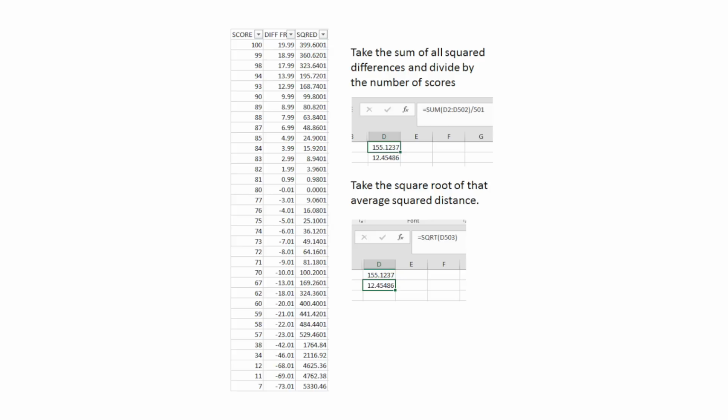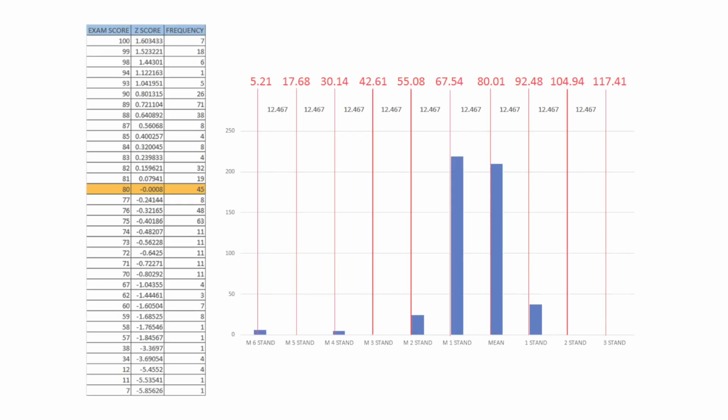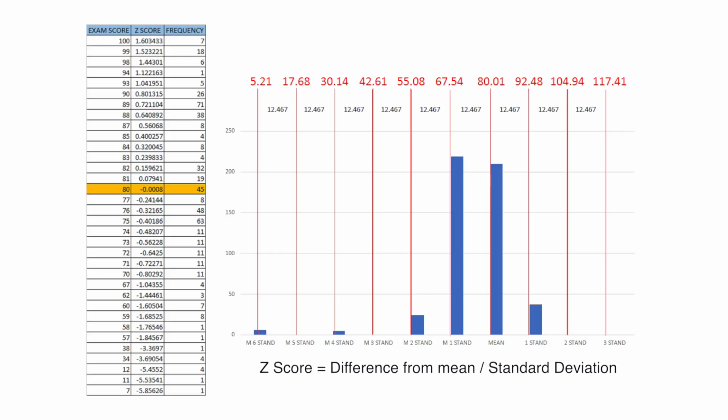Another calculation that we can use to better pinpoint each of the test scores within these standard deviation chunks is the z-score. To calculate a z-score, you go back and take the individual difference of a particular score, and you divide that difference by the standard deviation.